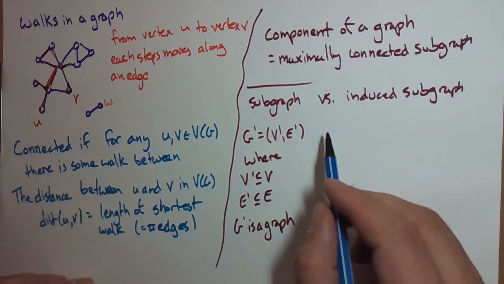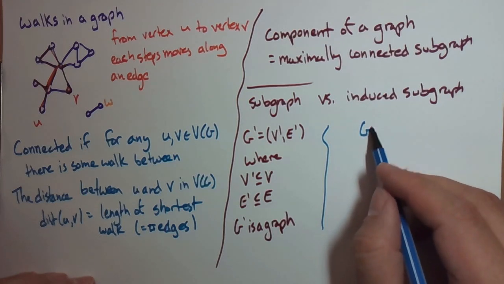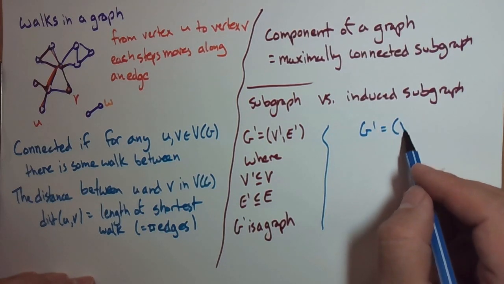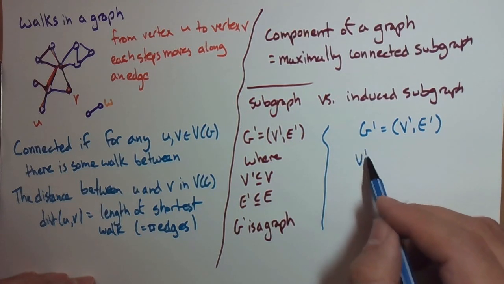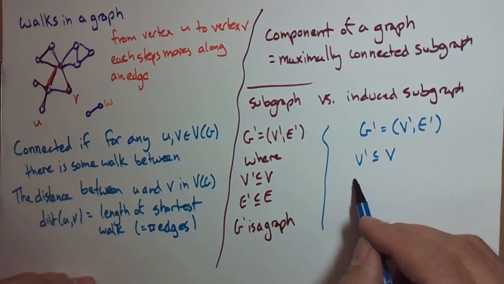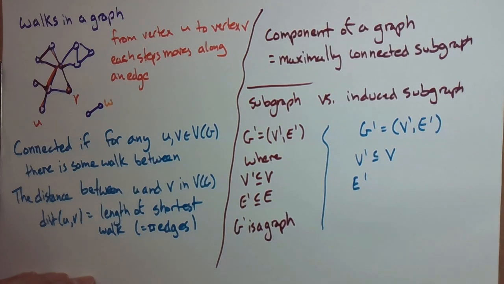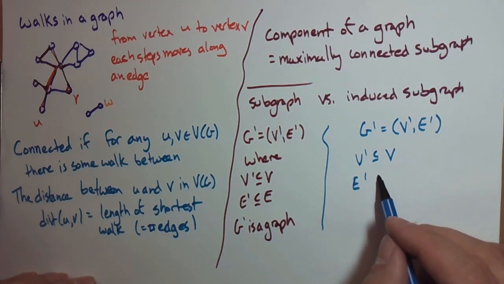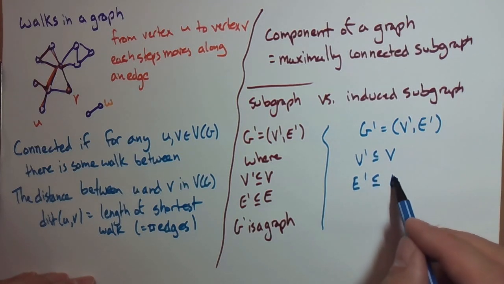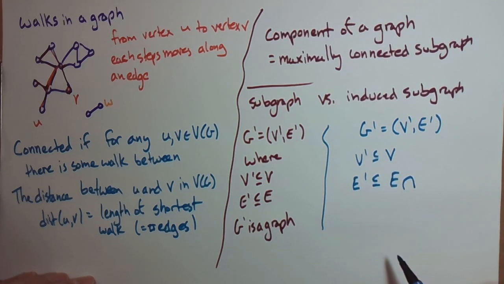Okay, induced subgraph. Well, again, G prime is a subset of the vertices, a subset of the edges, and V prime is a subset of V. And what can we define as E prime? E prime is all of the edges of E that are available to us.